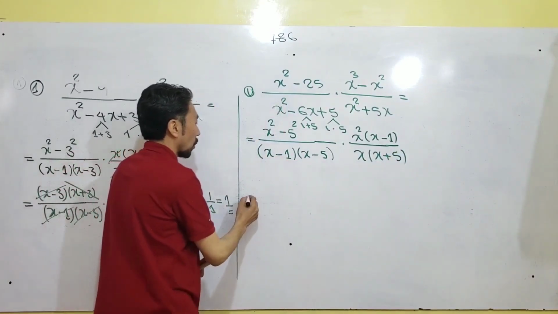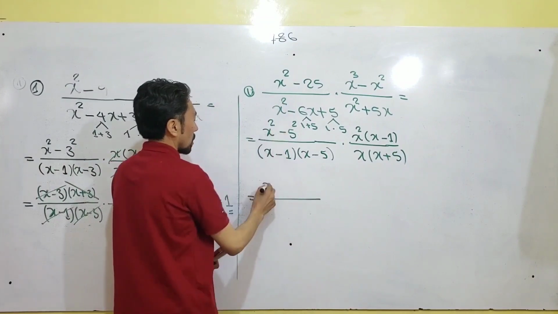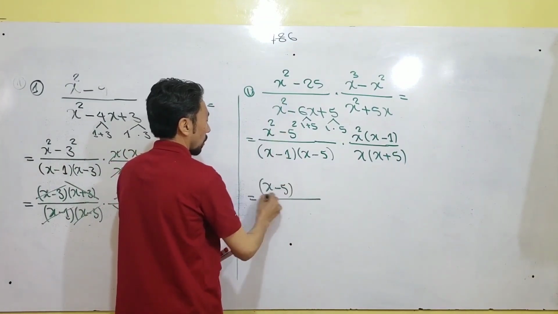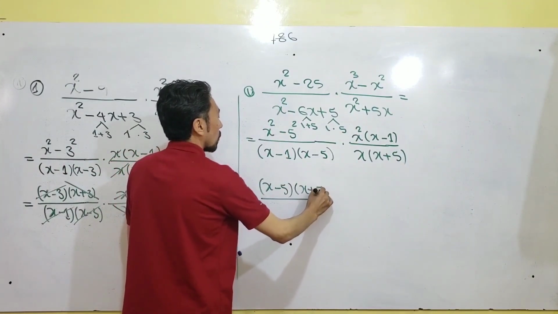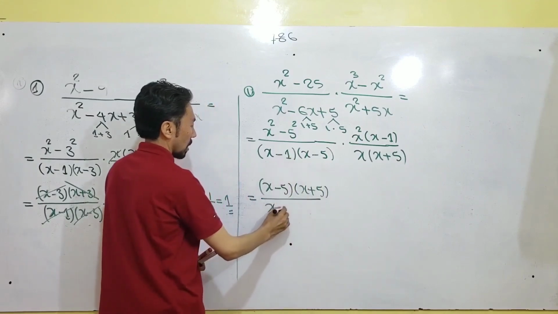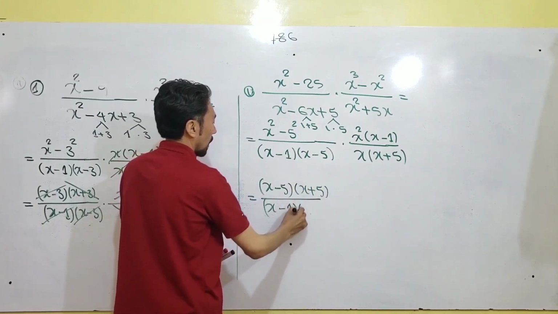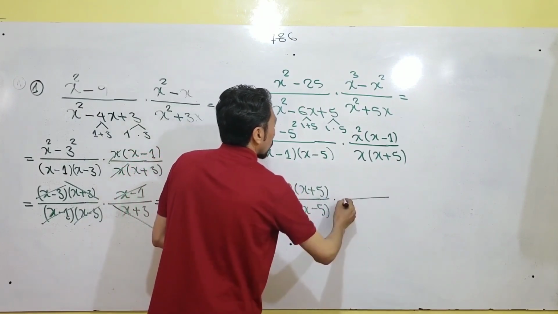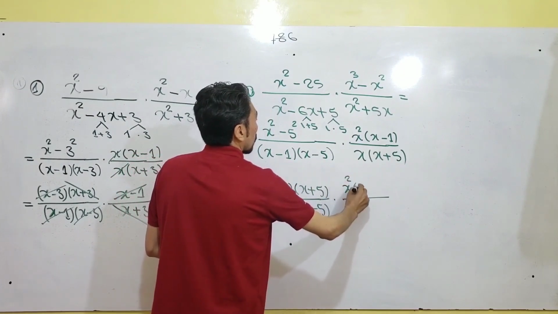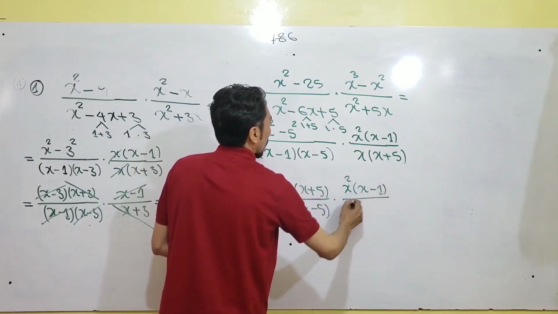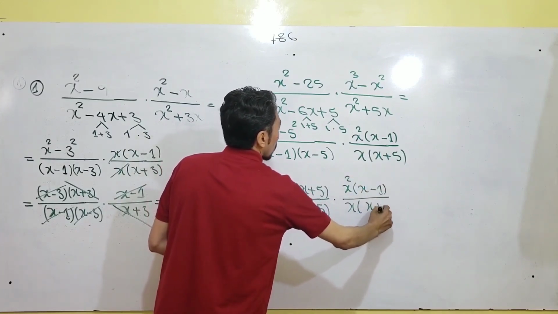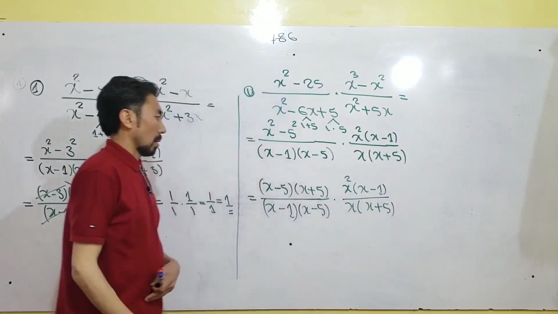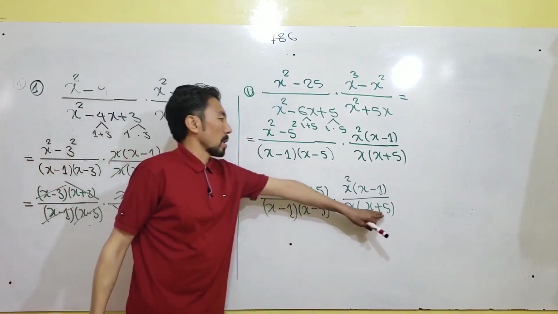Then here we can factorize x minus 5 multiplied by x plus 5. Also here x minus 1 multiplied by x minus 5. Multiplied by x squared multiplied by x minus 1 over x multiplied by x plus 5.